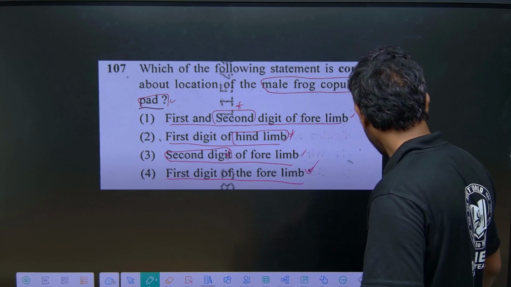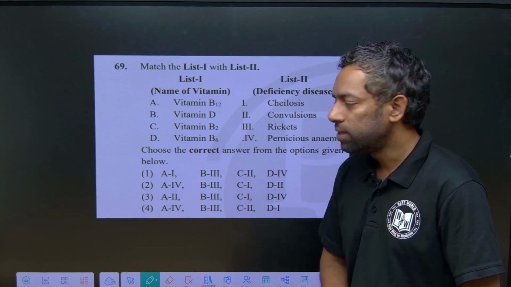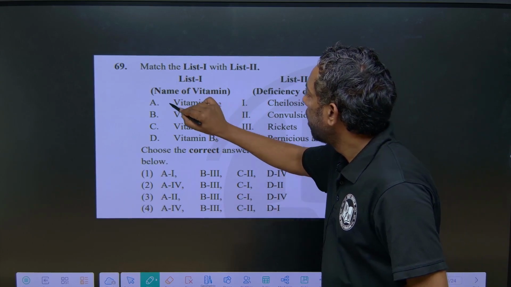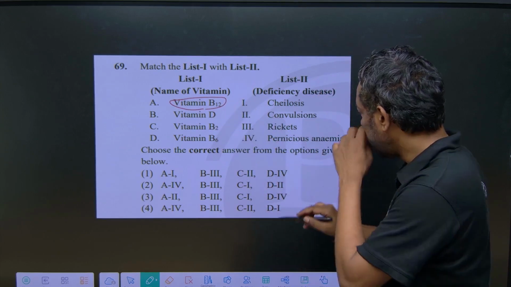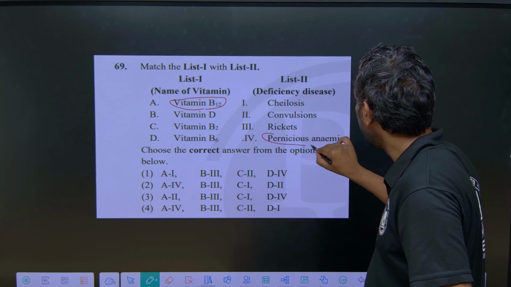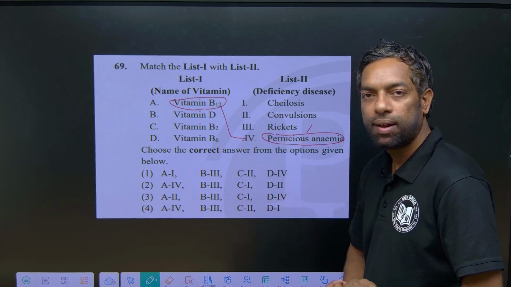Next, this is a very easy question, guys. Vitamin B12 is obviously cyanocobalamin, and it is about pernicious anemia. Very simple.